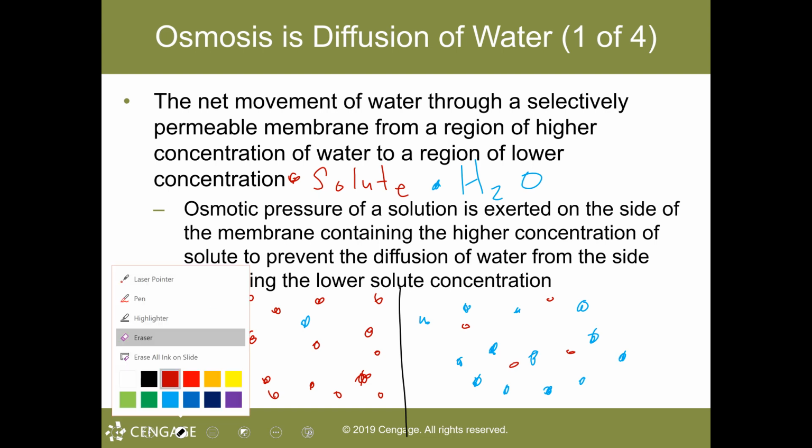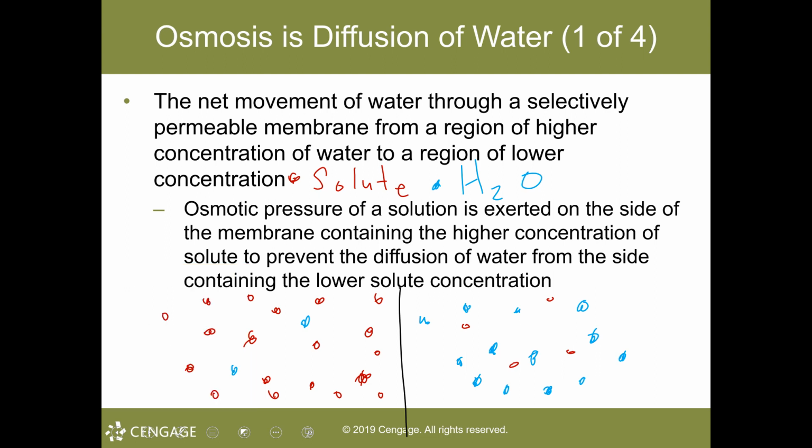So before you, class, I've drawn a selectively permeable membrane in the center. On the right-hand side, I have both water and solute molecules. And on the left-hand side, I have both water and solute molecules. Having drawn each of those, class, please stay with me now as I describe what's occurring.